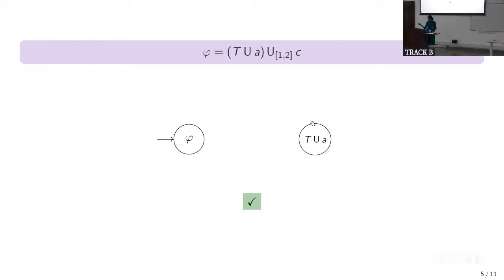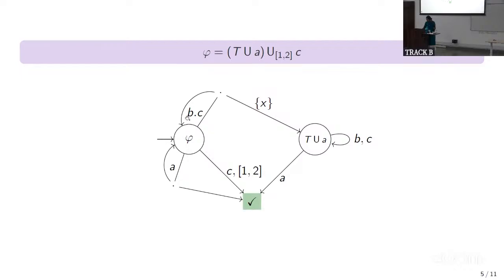Here this subformula can just be looked at as you're waiting for an A. The minute an A comes, it goes. It loops on a B and C.